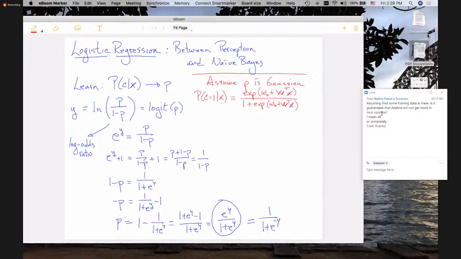And therefore, the probability of the other class, the class being 0, is 1 minus that. And you find that that then is equal to this.